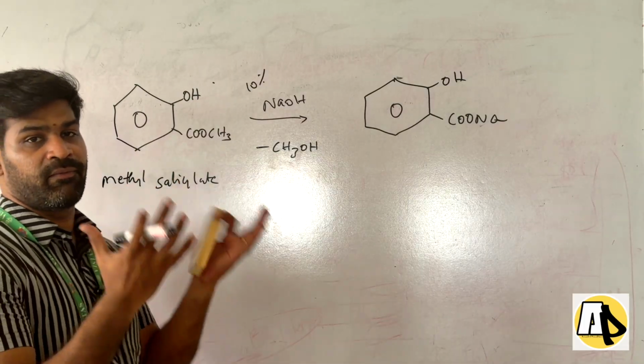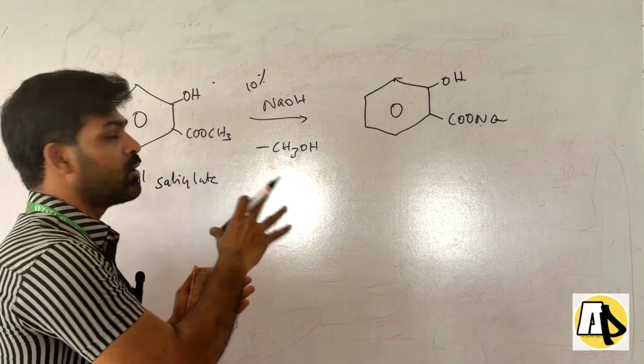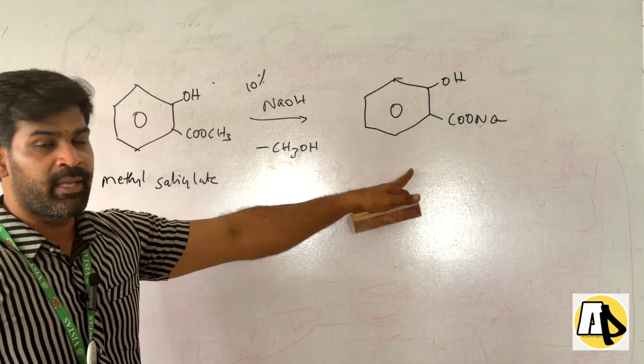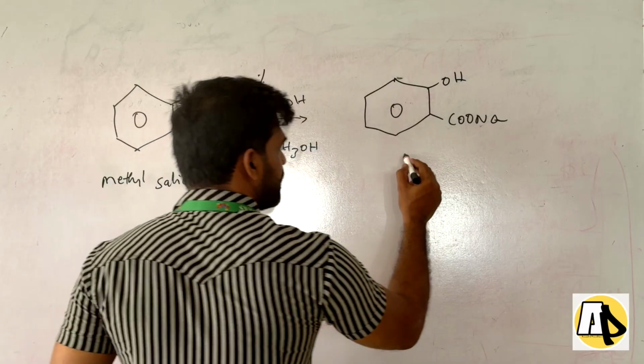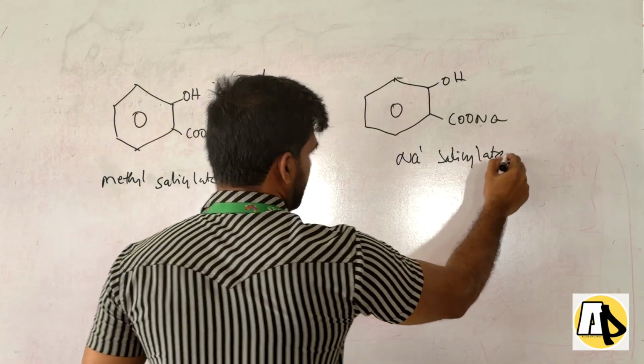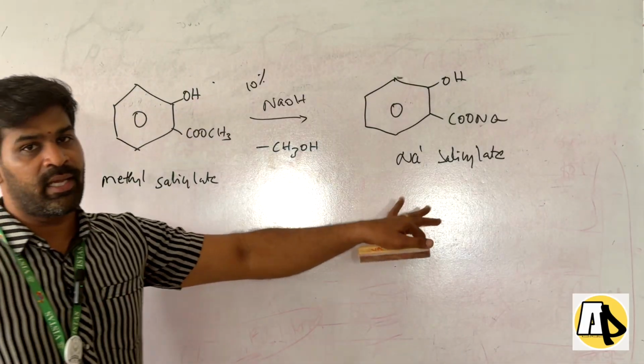We will do this in a reflux setup, so all the methanol is refluxed and we can collect it separately. The remaining product is sodium salicylate. This is not the complete reaction.